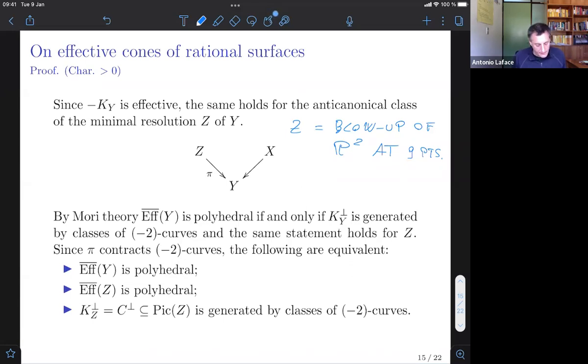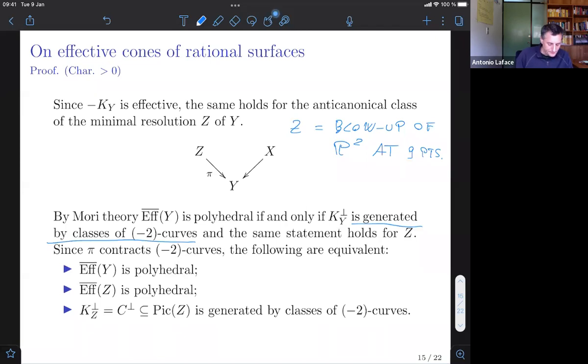The anti-canonical is nef, and then one can use a little extension of Mori theory to show that this time the pseudo-effective cone of both Y and Z is polyhedral if and only if this C orthogonal, or K orthogonal, is generated by classes of negative curves, which in this case are -2 curves. So right before, this was a necessary condition for the pseudo-effective cone to be polyhedral. Now it is also sufficient because the anti-canonical is nef, and we know a lot more about this.